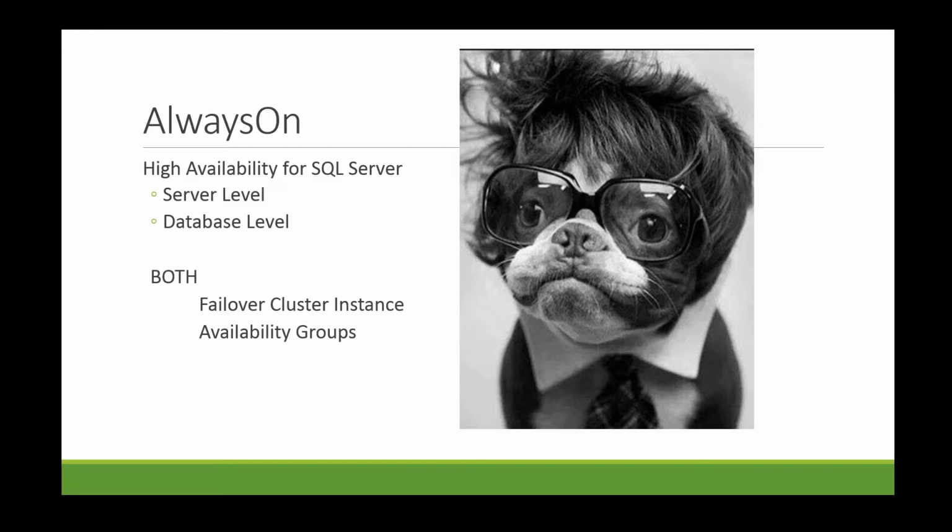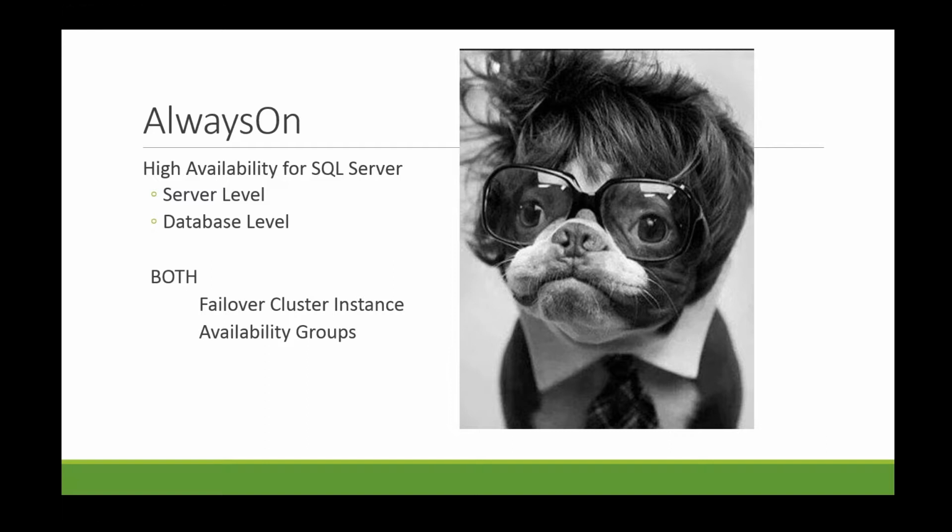Right now, always on covers any high availability at the server or database level for Microsoft SQL Server. Right now, those things include failover cluster instances and these things called availability groups.